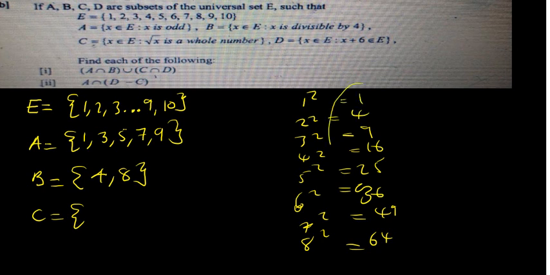These are perfect squares because when we put them in a square root, we're going to get a whole number. So which of these are between 1 and 10?